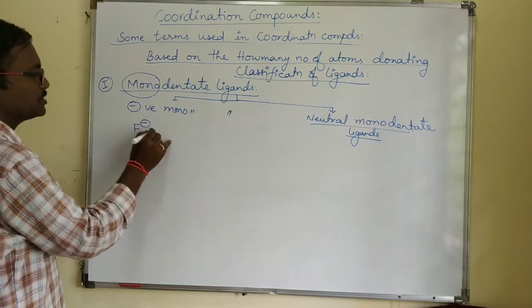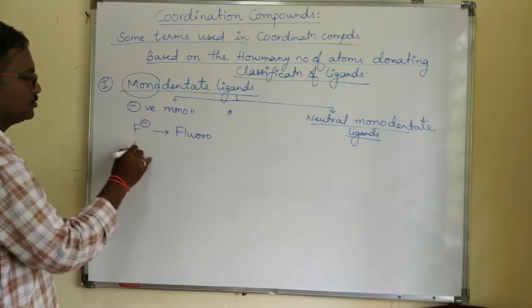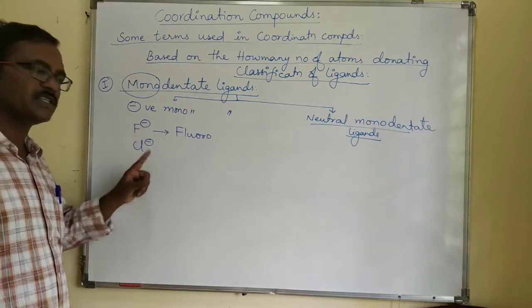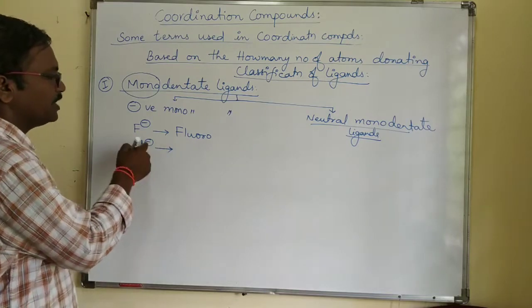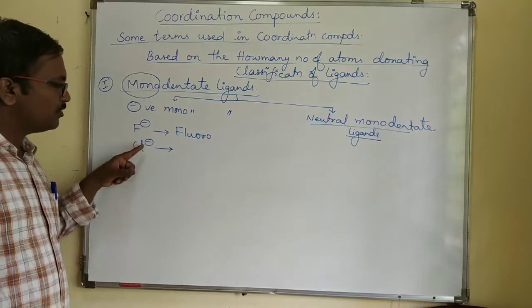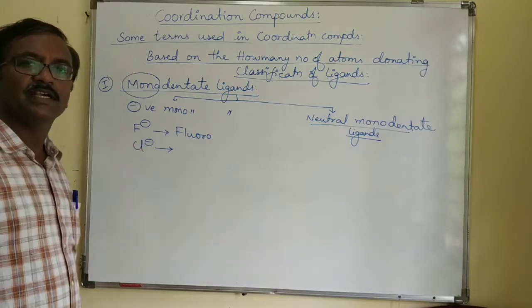Fluoro, F minus; chloro, Cl minus. How many negative charges? Only one negative charge, on one atom. So one atom donates the electron pair to the central metal atom.